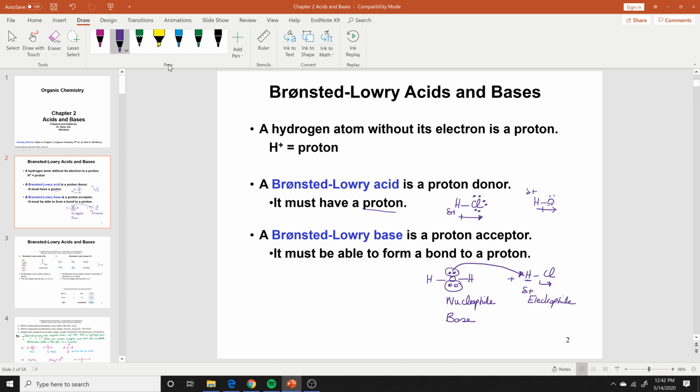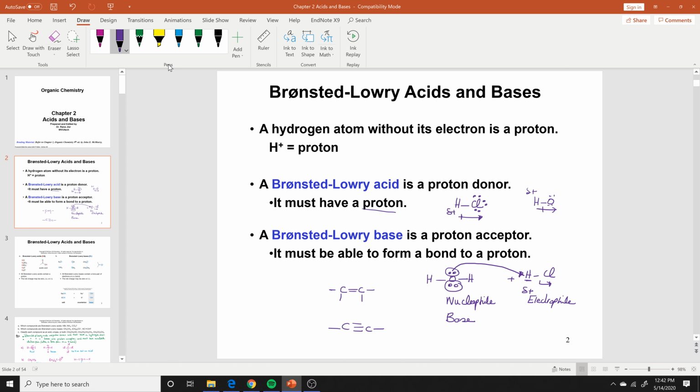Another site where you have electrons is if you have a carbon double bond carbon, or a carbon triple bond carbon. Both of these are also nucleophilic sites, so they can donate electrons to take the acidic hydrogen. So a base needs to be a nucleophilic site.